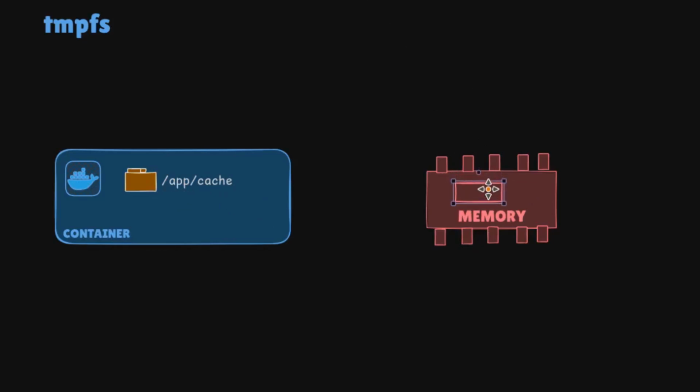So this particular location in your memory will be mounted over this folder, and whatever the content is, it will be accessed from this location. Whenever your container wants to access it, instead of reading from here, it will read from memory. So it will be faster in that case.